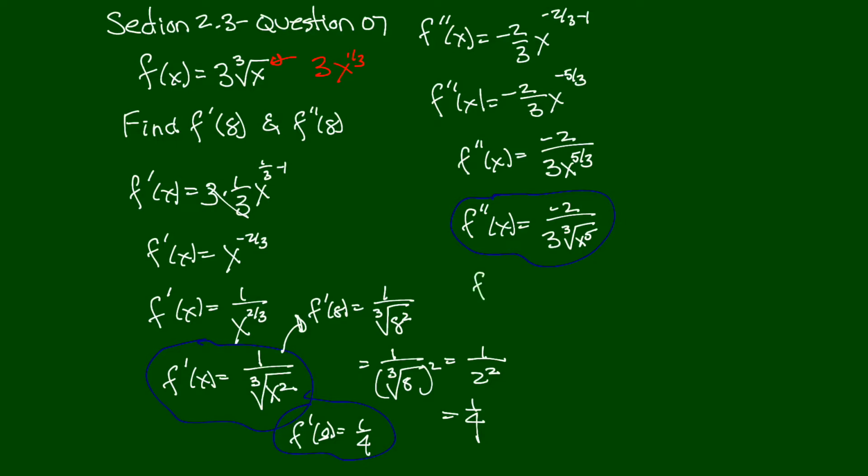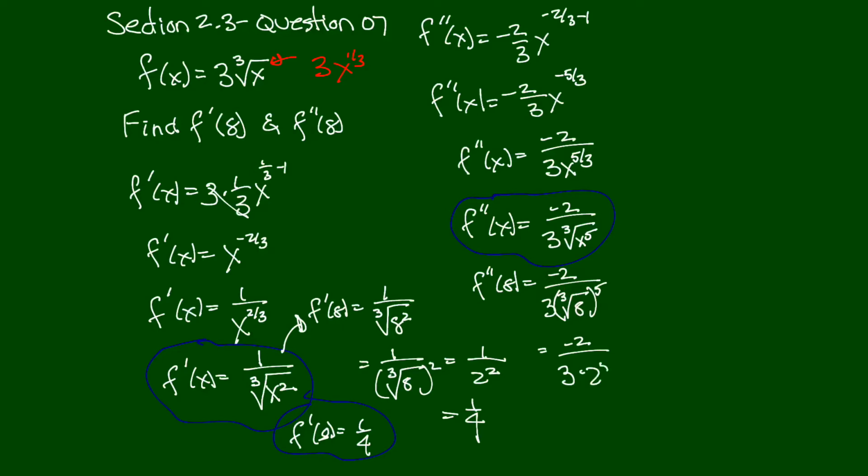Now put in an 8. We'll get f double prime of 8 is negative 2 over 3 times the cube root of 8, and I'm going to take that to the 5th. So it's going to be negative 2 over 3 times, now the cube root of 8, this part right here, the cube root of 8 is 2.